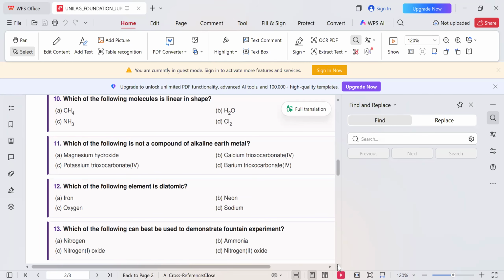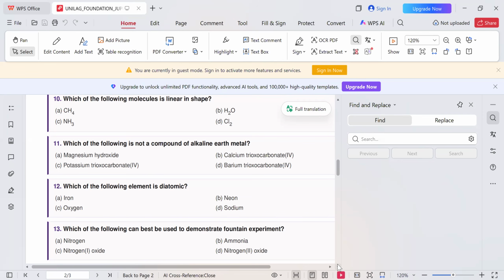Number 12, which of the following elements is diatomic? This one is kind of straightforward. Diatomic molecules are molecules that can form a covalent bond with the same atom. That is, hydrogen can form a bond with hydrogen, and that's why we can have H2 gas. Chlorine can form a bond with chlorine, and that's why we have Cl2, and so on. Now, if you look at the first one, iron cannot stay as diatomic.